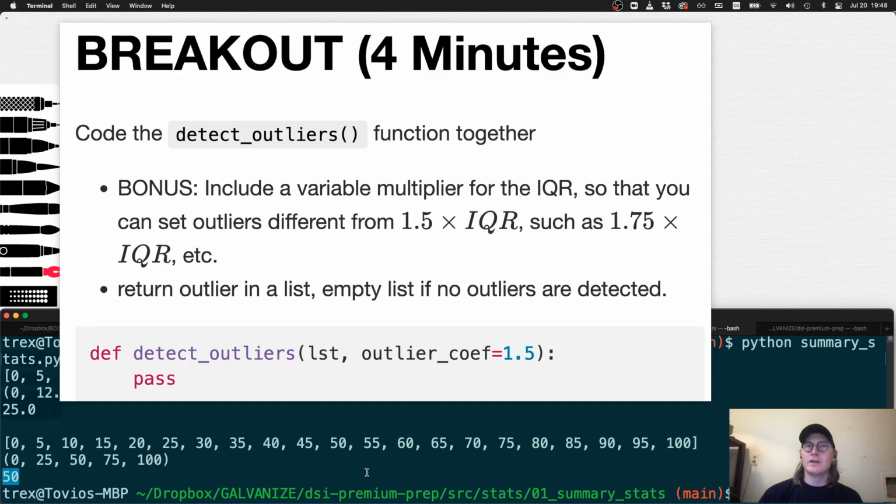An outlier is, as we described, that outlier coefficient, which I'm giving you the header for, multiplied by the IQR above Q3 or below Q1. Anything that is outside of that. Okay, and I'll also paste this in. Just go ahead and get started. I'll start a timer in just a second.